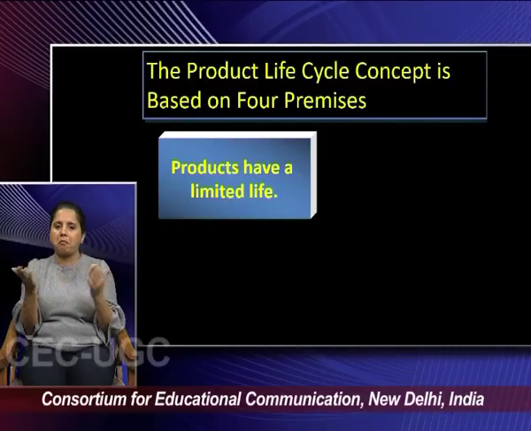If we go to Indian spirituality, I won't call it mythology, because when I say mythology, it means it is based on myth. No, it is basically a complete science which talks about astrology, and it says that human life is, say for instance, 100 years, but that too is a limited period. Likewise, products do have a limited life.